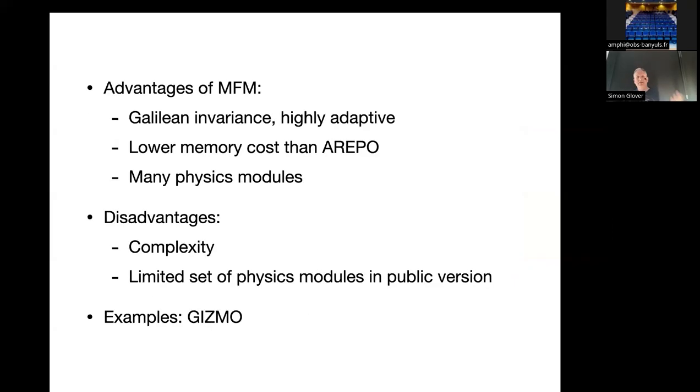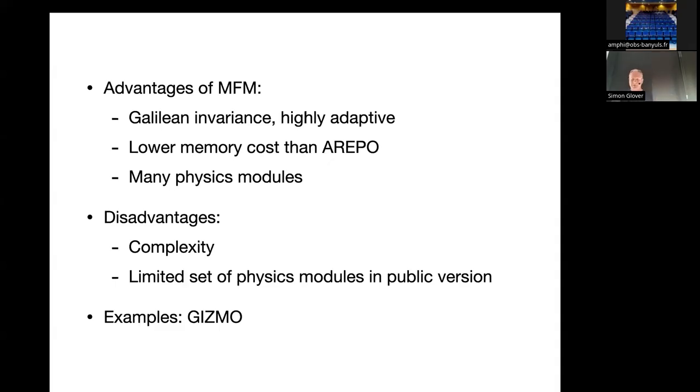Now, the advantages of this compared to the other methods I've been talking about: again, it's Galilean invariant, it's highly adaptive, a good choice for when you've got high bulk flows or high dynamical range. Compared to Arepo's Voronoi approach, it has a lower memory cost because it doesn't actually construct a mesh.